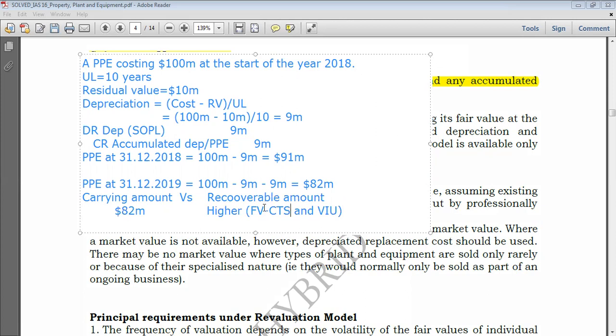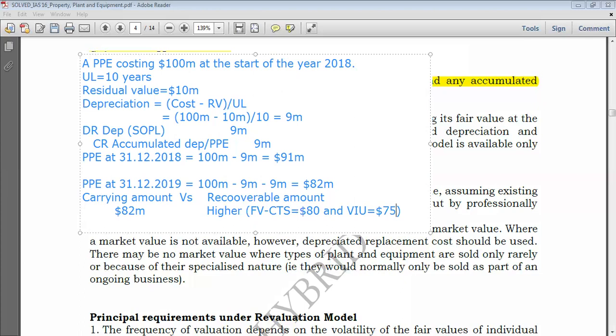Now let's presume that if you decide to sell it, you could recoup $80 million. And let's presume that if you continue using it, the present value of the future cash flows would only be $75 million.